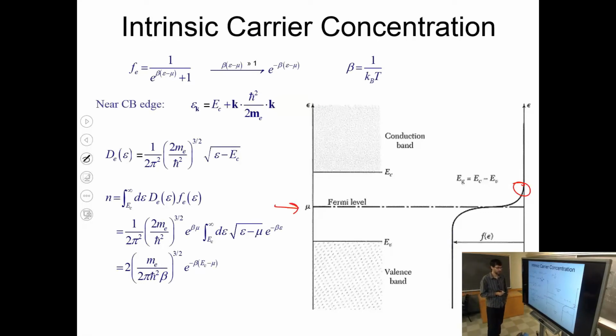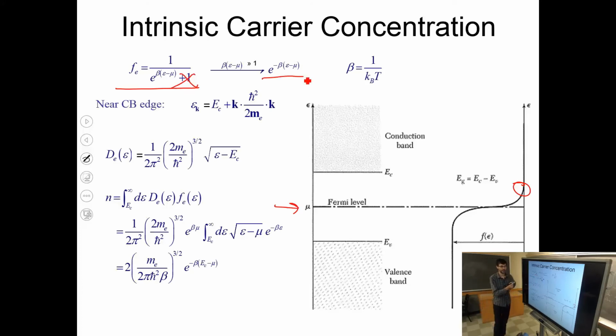Now, we can calculate this density by using our statistical mechanics that we already used before. So first of all, Fermi statistics. This is the Fermi factor, which tells you the probability of occupying a state with a certain energy epsilon. And in the case when beta, remember beta is 1 over kT, beta times energy is much greater than 1, then we can forget about this 1 here, and this prefactor just becomes this exponent.